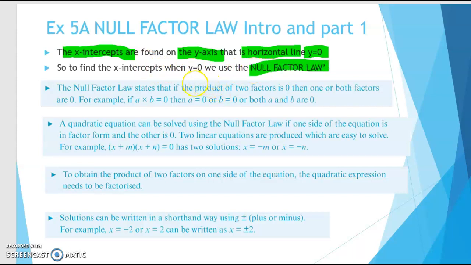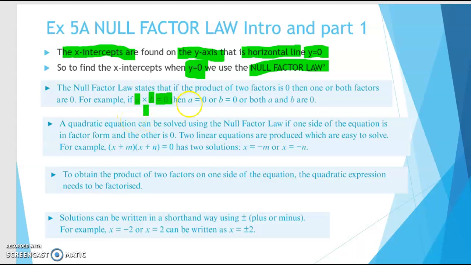The null factor law being, we have y equals 0, so there's our null. The factor law is because when we factorize the quadratic, we usually have two factors multiplied together.